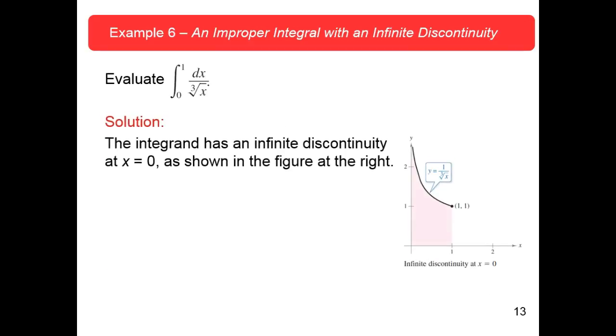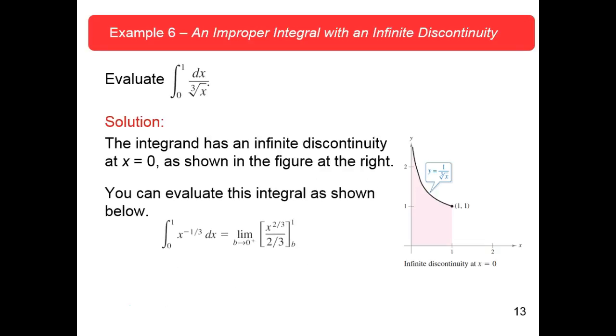Well, the x to the minus 1/3, write that in power notation. That would be this, and then take the limit as b approaches 0 from the positive side.